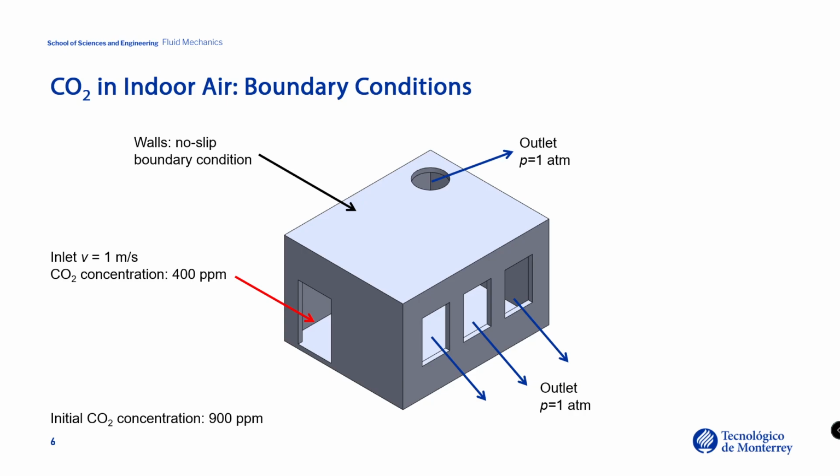The outlets will be specified as a hole in the roof and the 3 windows. All the other boundaries are the walls.